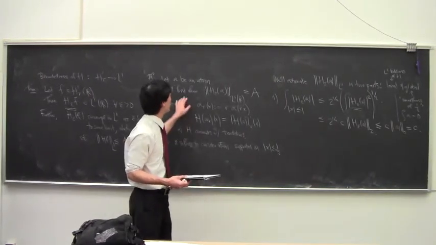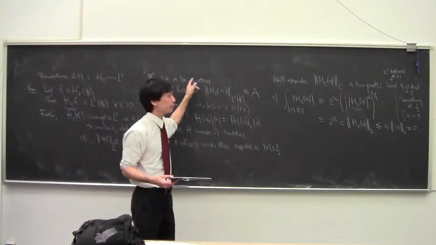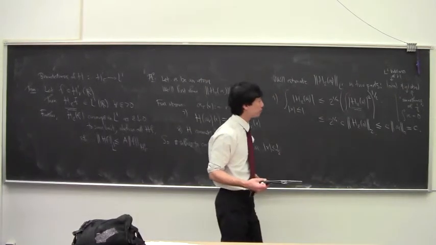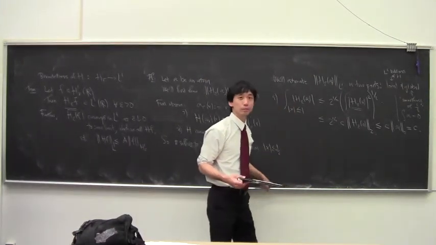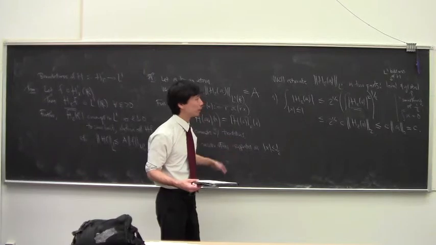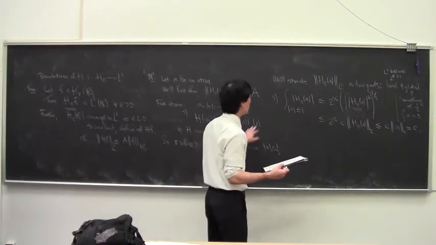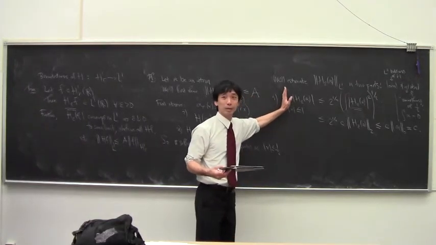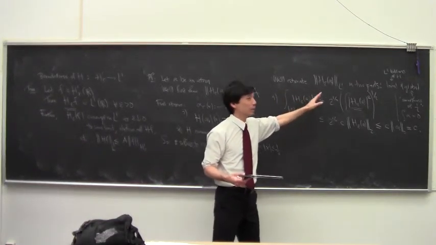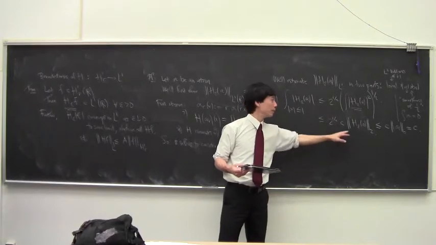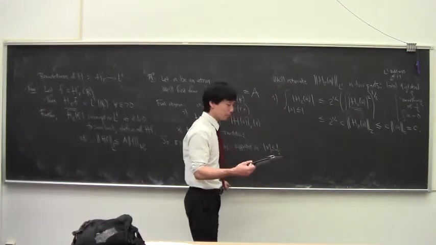All those L-infinity atoms are in L2, so with some constant L2. So controlling the local part is just a matter of invoking the L2 boundedness of the truncated Hilbert transform.